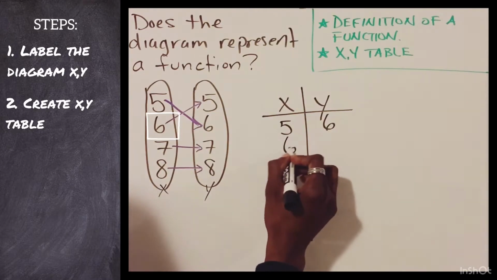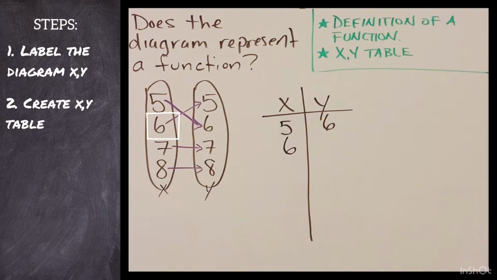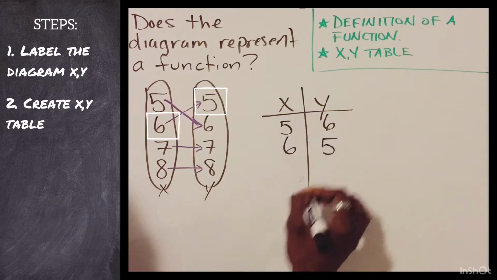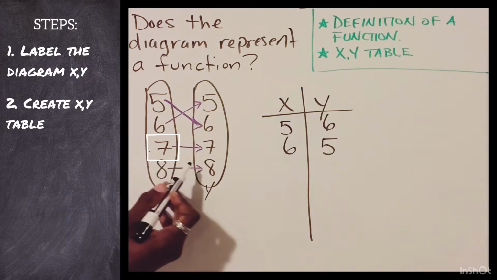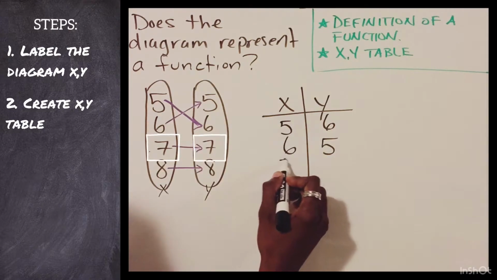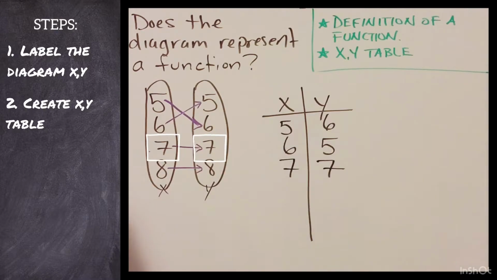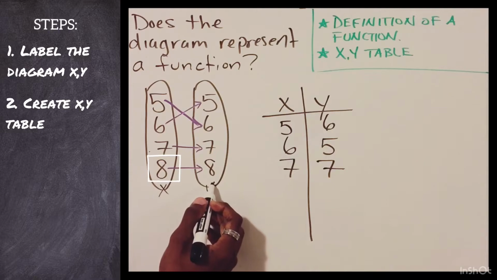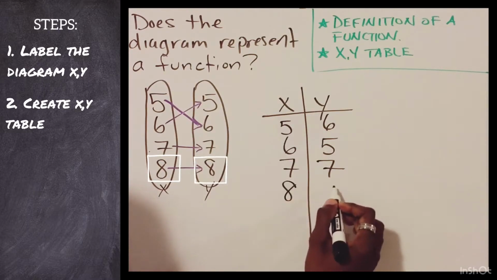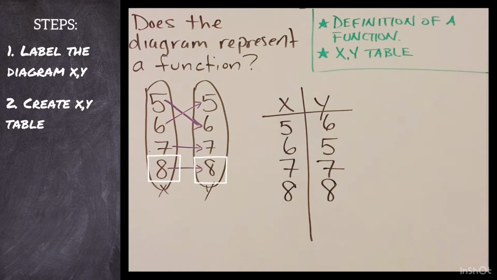So we'll put our 6 with the x and the arrow points to the 5. You have to follow the arrows in this example. So we see here that we have a 7 and an arrow pointing to another 7. That's our x and y values. Our x value here is 8. Our y value here is 8. So we have an 8 and an 8.